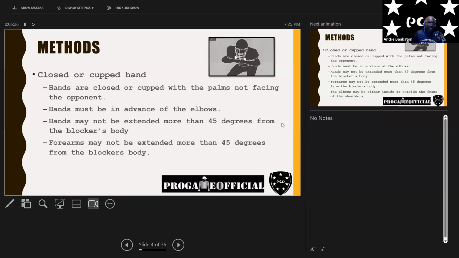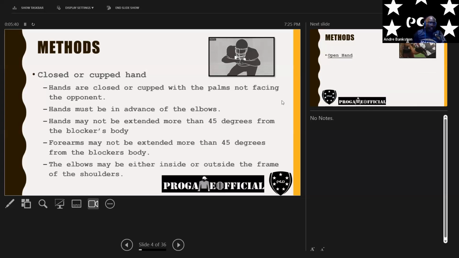Forearms may not be extended more than 45 degrees from the blocker's body. So the hand and the forearm cannot be more than 45 degrees out. And the elbows may be either inside or outside the frame of the shoulders.